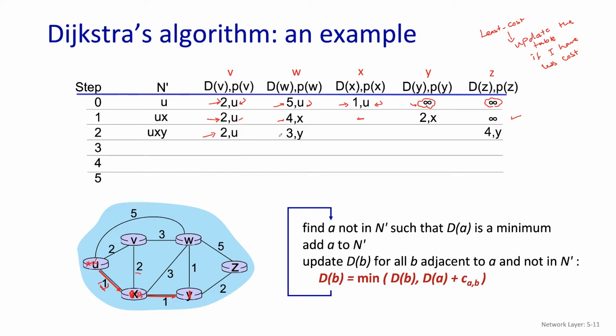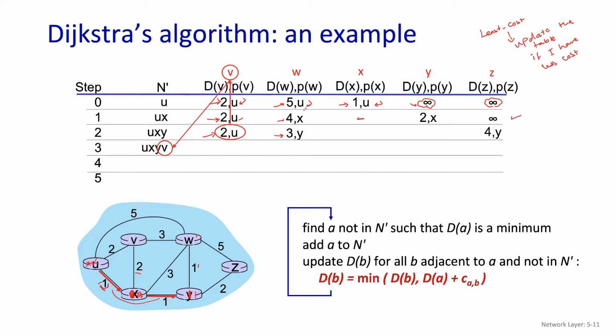Now, can I move to W? Yes, I can move from Y to W, right? And the cost here would be 2, and 1 here is 3. 3 is less than 4. Therefore, I'm going to update my routing table at this point, because I can arrive at W through U, X, Y with less cost, right?